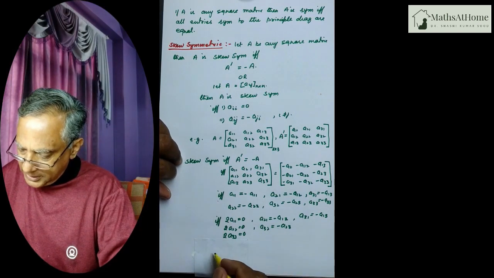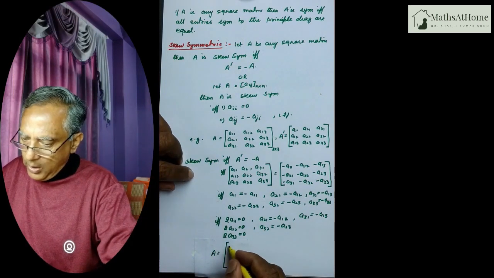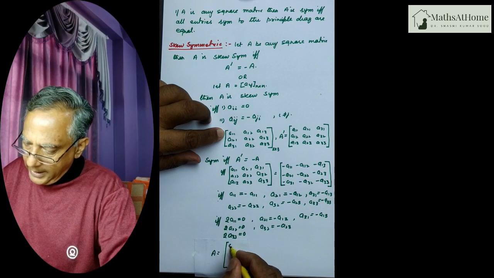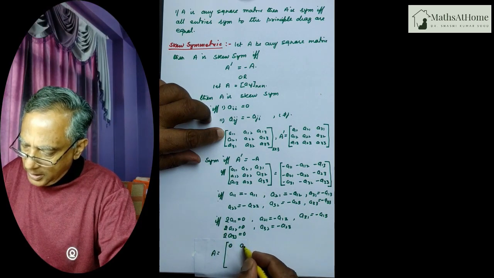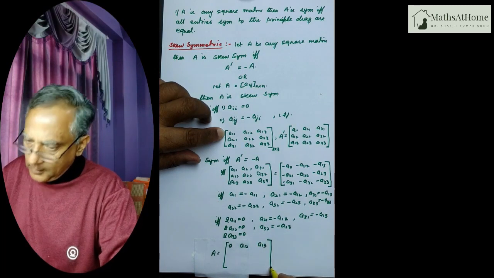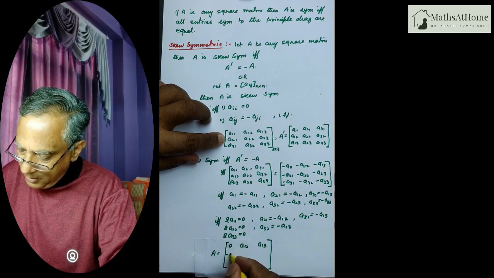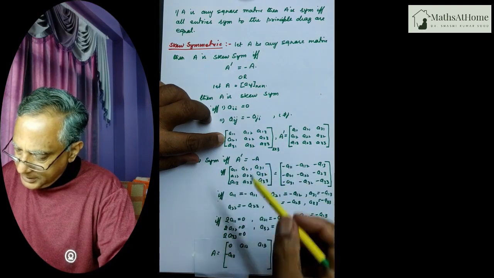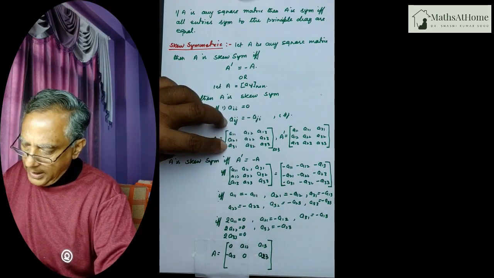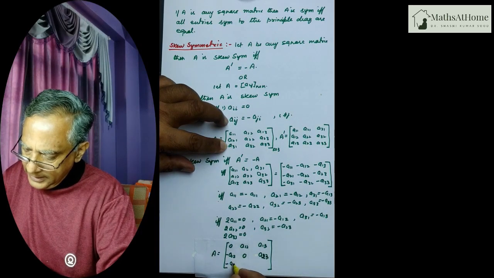So using these results, we can write A is equal to this much. A11 is 0. And A12, let it remain as A12. Next entry is A13, and A21 is minus A12. A22 is 0. Now this entry is A23. A31 can be written as minus A13.